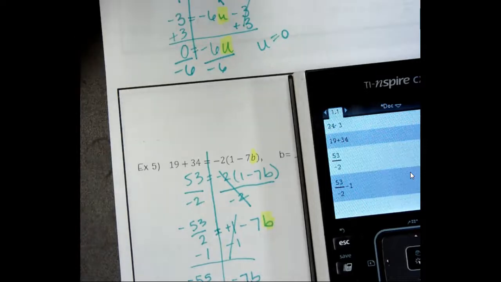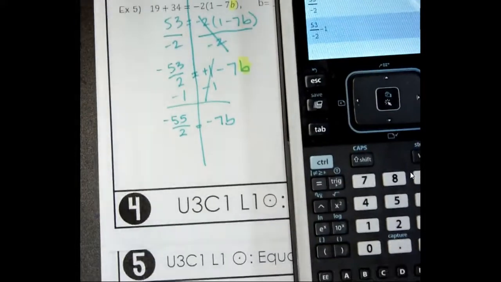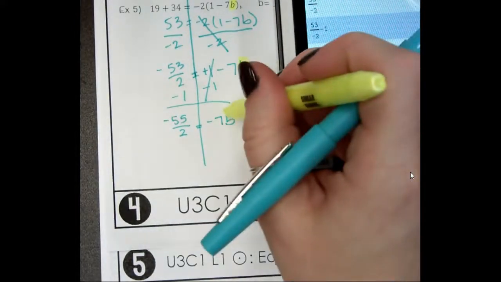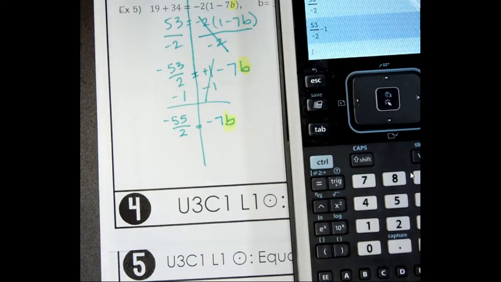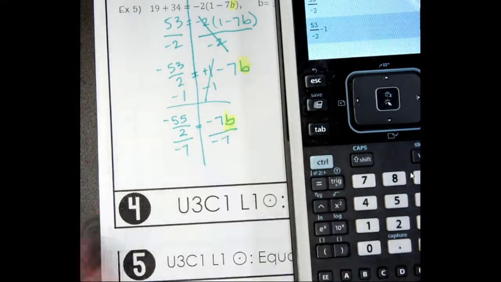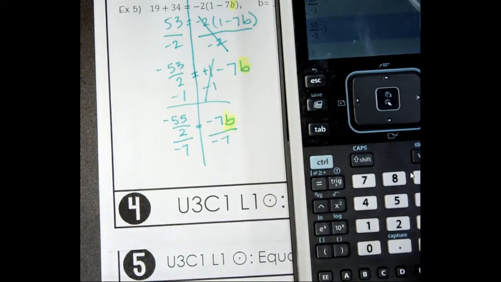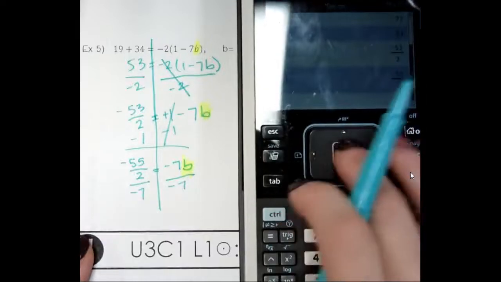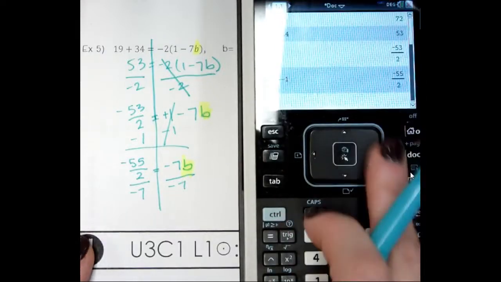My goal has not changed. Hold on, I'm scrolling my page up. Don't freak out. All right, I'm still trying to get b by itself. Right now, b has a negative 7 multiplied to it. So I'm going to divide by negative 7. And again, you're like, oh my gosh! Don't be like that. Grab your handy-dandy calculator.